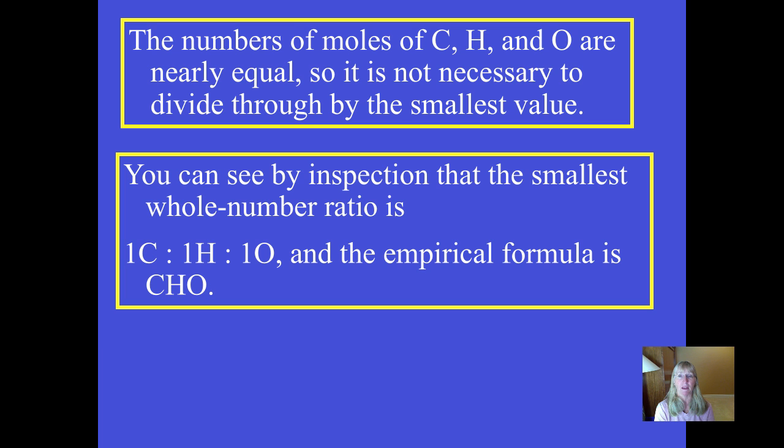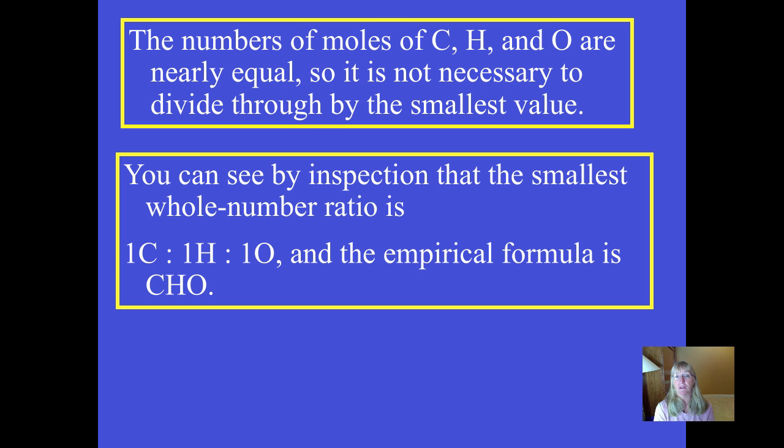So the empirical formula for maleic acid would have simply been C, H, and O. More typically, you would have gotten a small whole number ratio like 2 to 1 to 2, or possibly fractions of 1/2 or 1/3. And as we learned in the previous vodcast, multiply halves by 2 and multiply thirds by 3, and you'll get the smallest whole number ratio for the empirical formula.